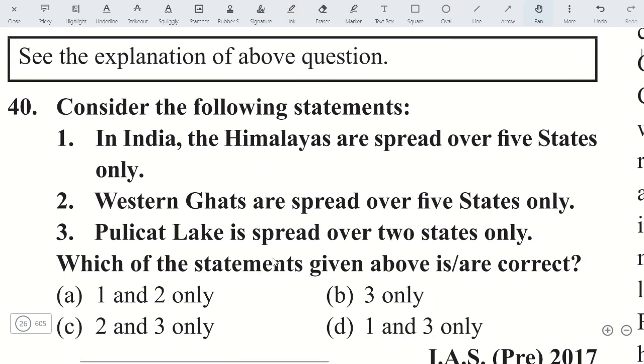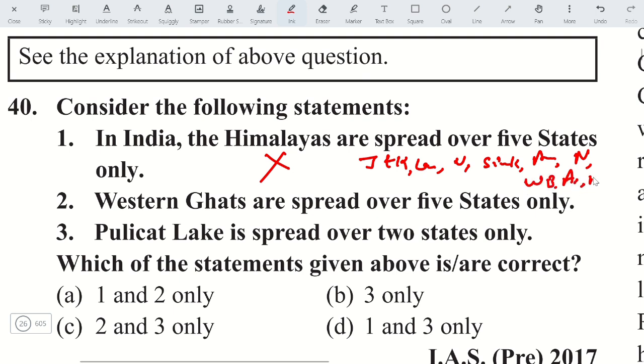Next question. Consider the following statements. In India, the Himalayas are spread over 5 states only. This is wrong because see, Jammu and Kashmir, Ladakh, Uttarakhand, then Sikkim, then Arunachal Pradesh, then Nagaland, then some West Bengal, Assam, Manipur, many states. So this one is wrong. Western Ghats are spread over 5 states only.